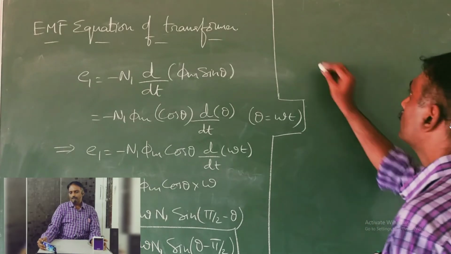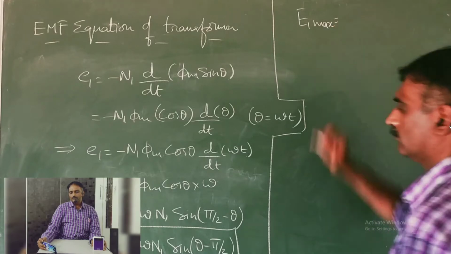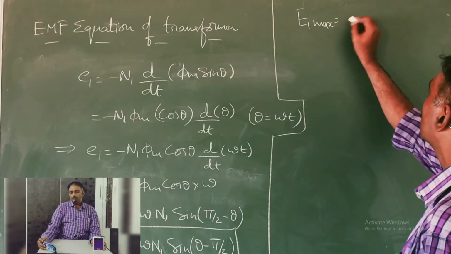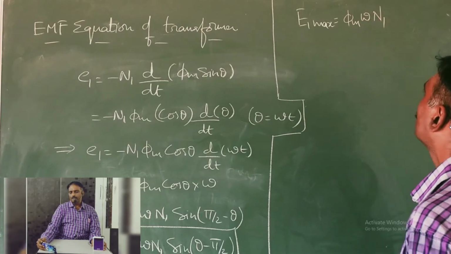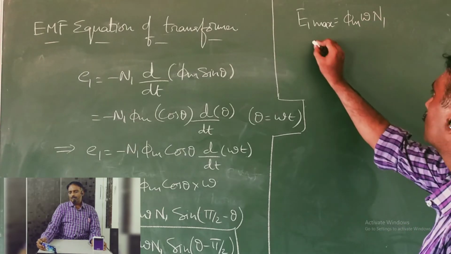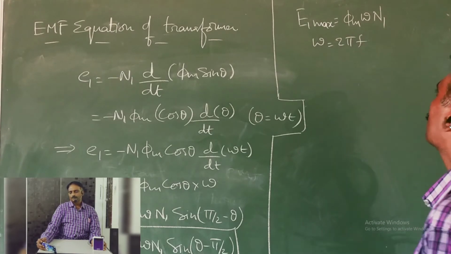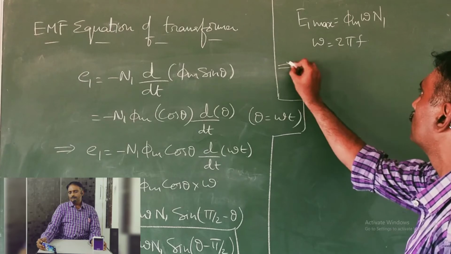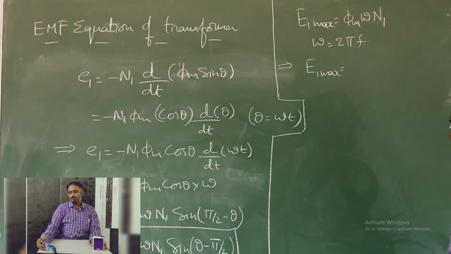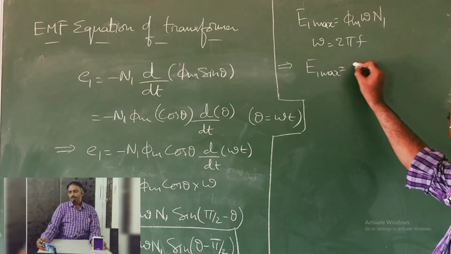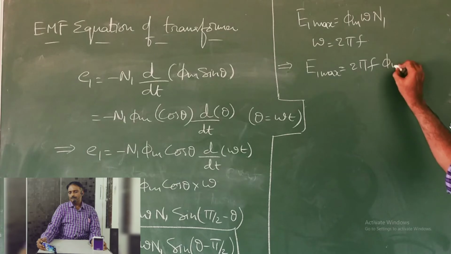Now let us consider E1 max as the maximum value of this induced EMF, which is equal to the coefficient of sine of theta minus pi by 2, which is phi m omega N1, where omega is 2 pi f. So substitute here, we get E1 max as equal to 2 pi f into phi m multiplied by N1.